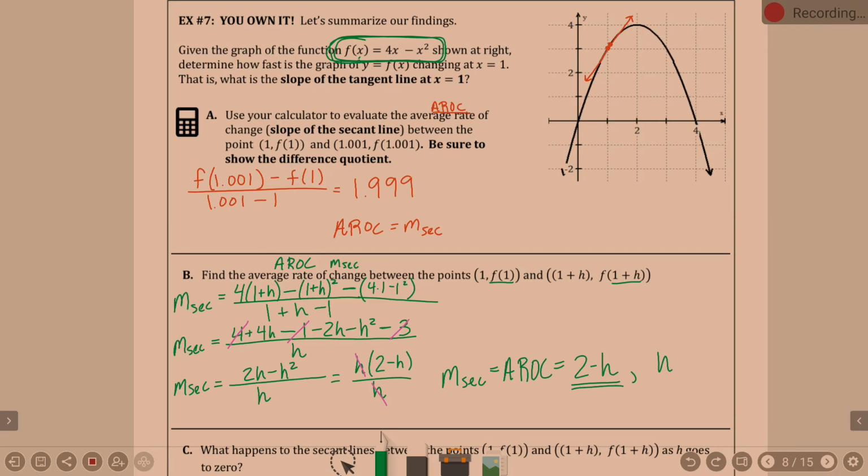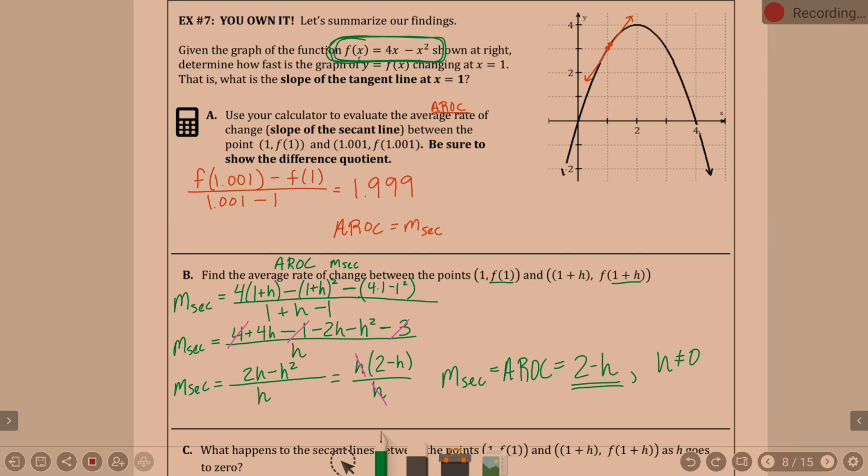I think that's just because h was originally in the denominator by itself and it can't be 0. So that is your average rate of change: 2 minus h.